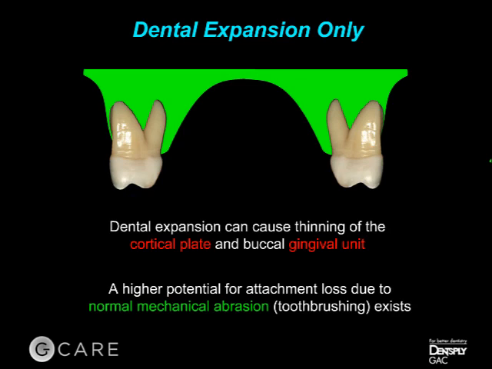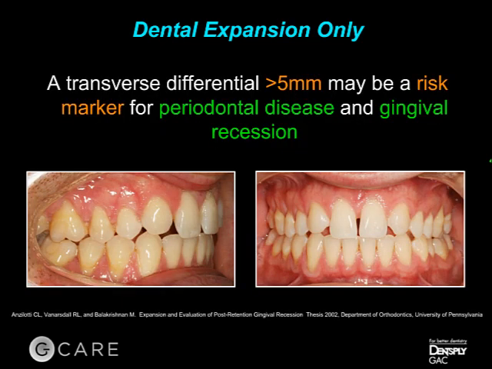And this can leave the patient susceptible to periodontal issues in the long term, not necessarily something that you're going to see immediately. And this was highlighted in an article by Anzalotti and Van Arsdale, when he said a transverse differential of greater than 5 millimeters may be a risk marker for periodontal disease and gingival recession.